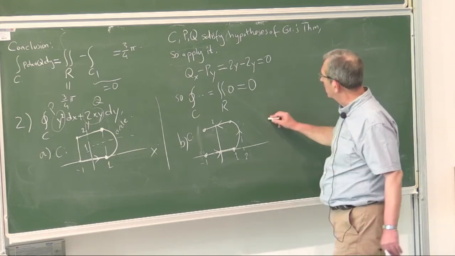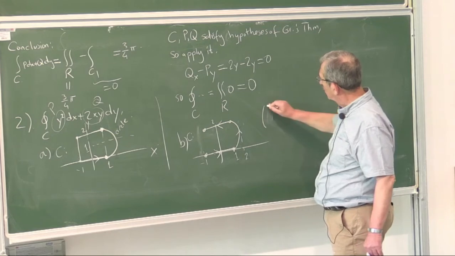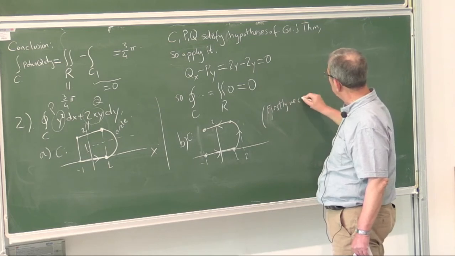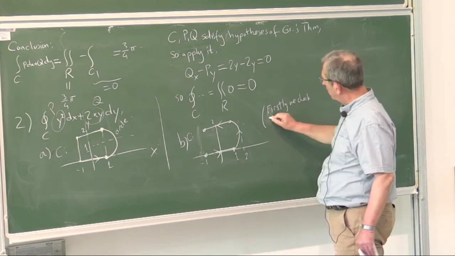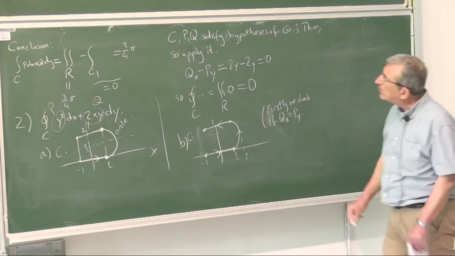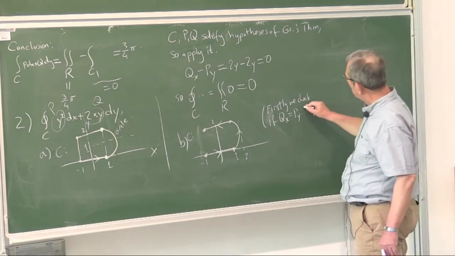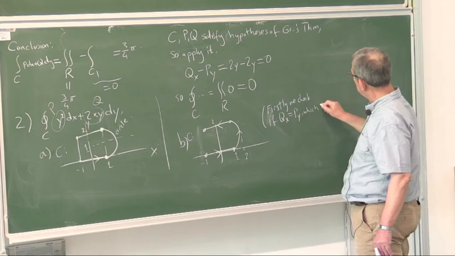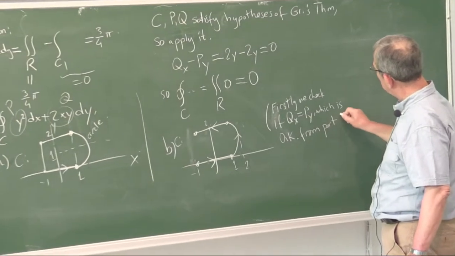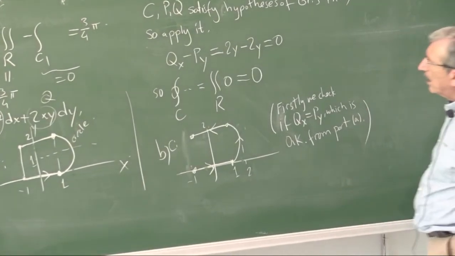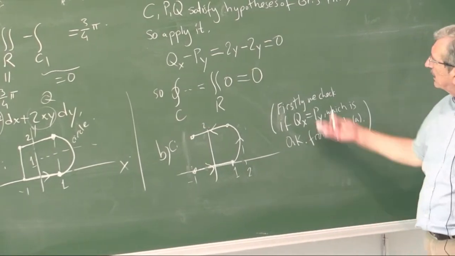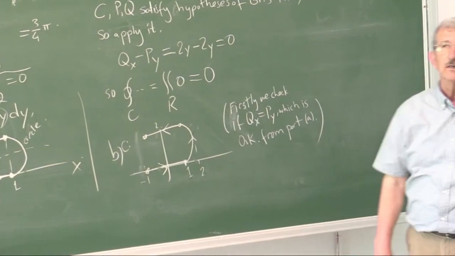But we know something about our function. That's the first thing you should check all the time. Firstly, we check if Q sub x is P sub y. Well, we already did it in part A, which is okay. Because we have a simply connected domain, it says that our function is conservative.